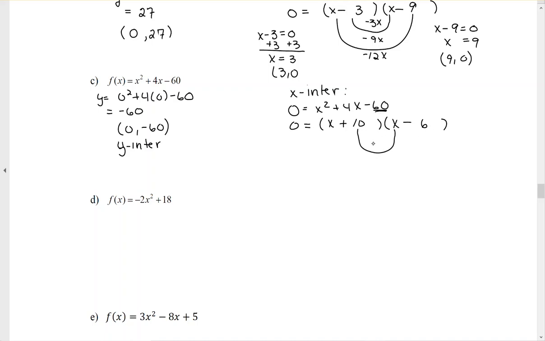And if I add the middle terms, a positive 10x and a negative 6x, that'll add to my positive 4x. From here, set each factor equal to 0, and then solve for x. So once again, I get two x-intercepts, x equals 6, or x equals negative 10. So there are the points (-10, 0) and (6, 0).